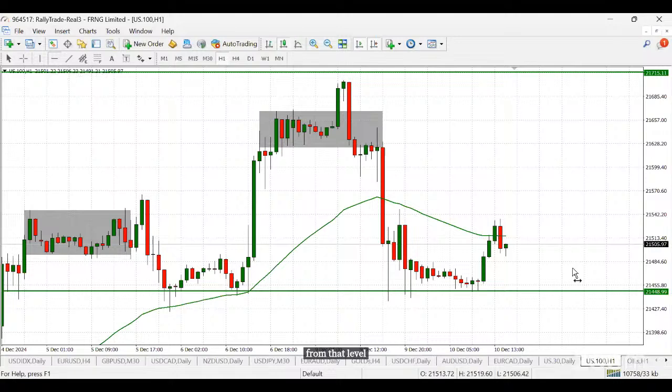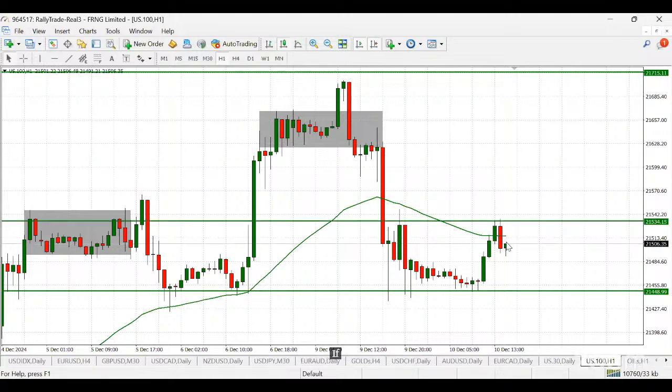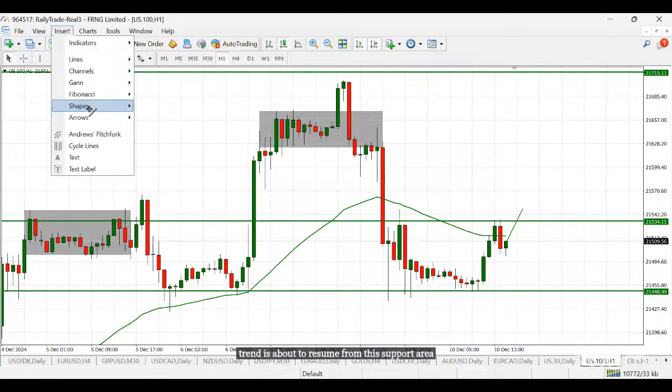However, if what we get eventually is a close above this resistance on the 1 hour, then that could signal that the bullish trend is about to resume from this support area. I'm going to highlight it in a minute.